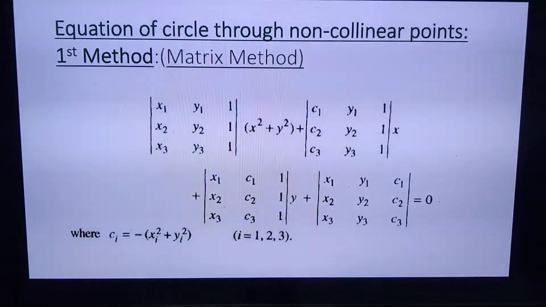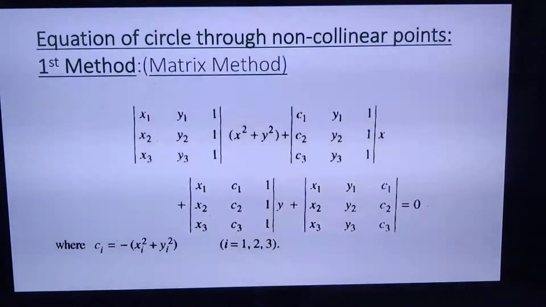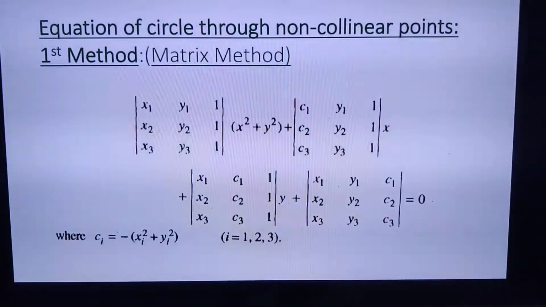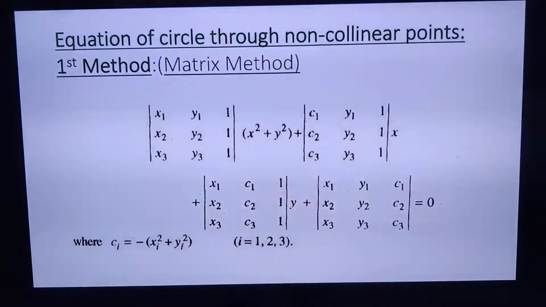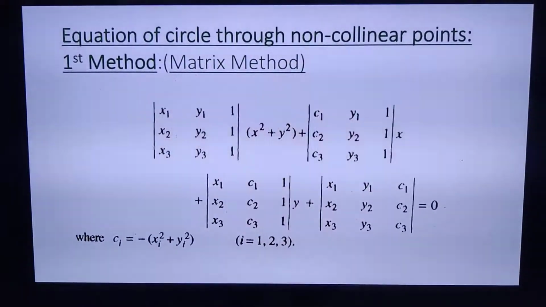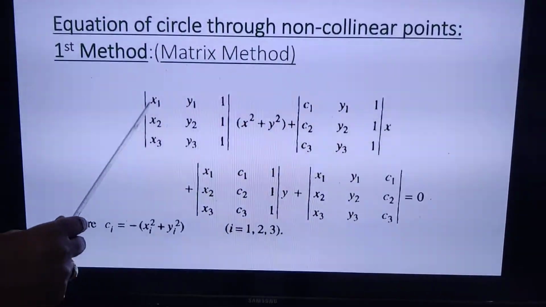Now we find the equation of a circle through three non-collinear points. Here is the first method. This is called the matrix method also. In the first year we learned the matrix chapter. We find the determinants. In this way, what is the solution in this method?